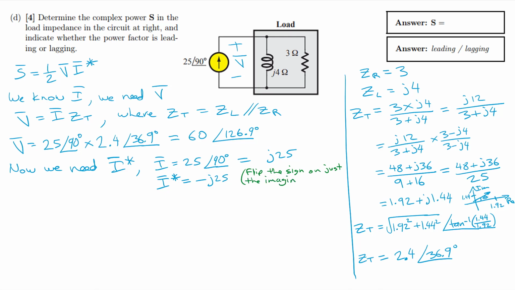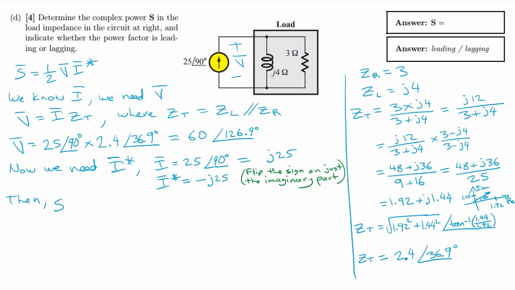That's how you take the complex conjugate of a phasor. Okay, you just flip the sign on the imaginary part. So now that we know that, let's calculate the complex phasor.